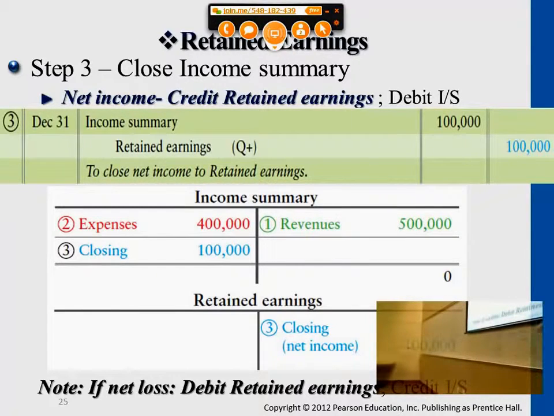So net income definitely boosts up retained earnings. So if you know retained earnings is on the credit side, then the other side is income summary. So this transaction here immediately closes out income summary. You see net income represented under retained earnings, the right side.